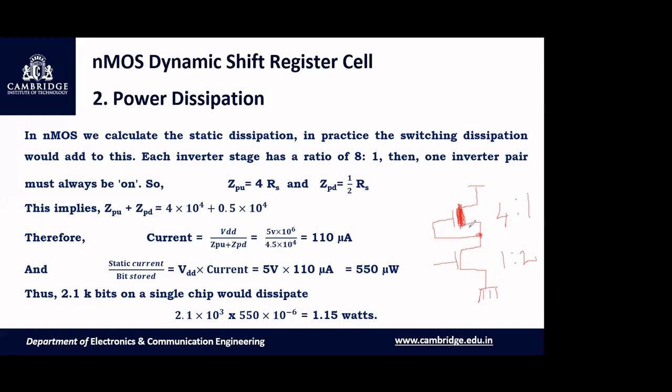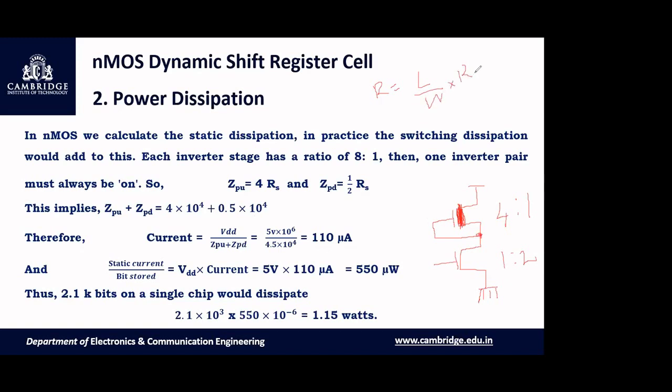Here Z is taken as the impedance, and we'll try to find the impedance, or else you can take this as R itself. We know that R is equal to the ratio, that is L by W ratio, into the sheet resistance.